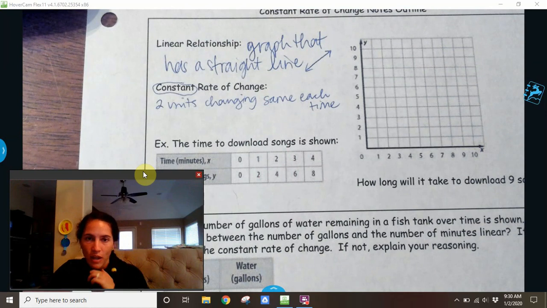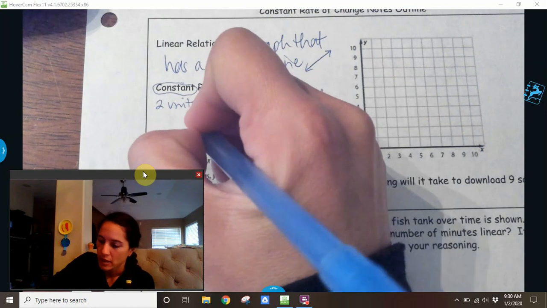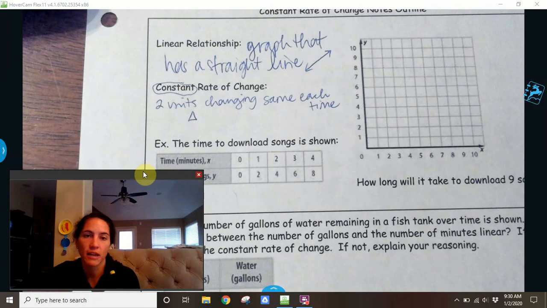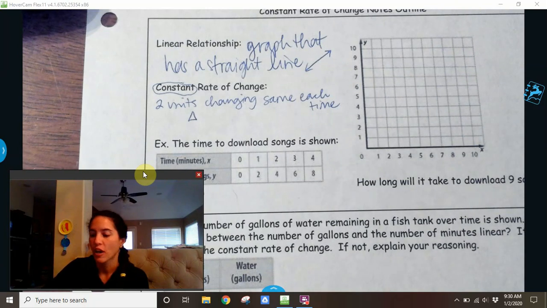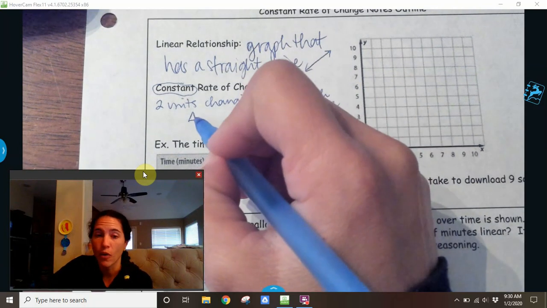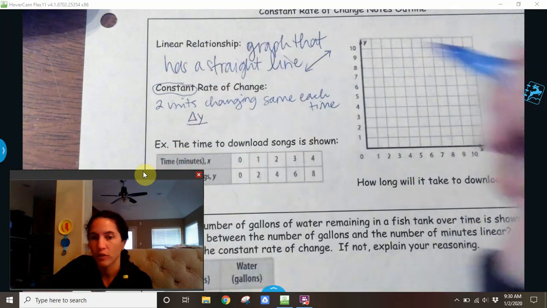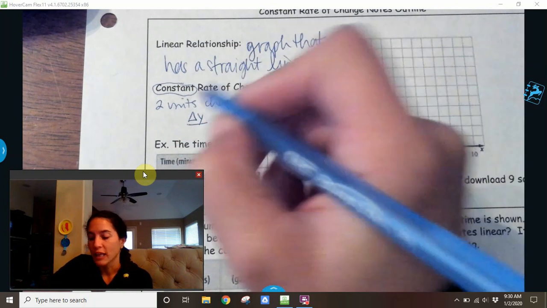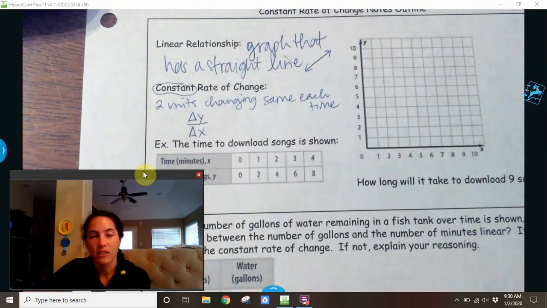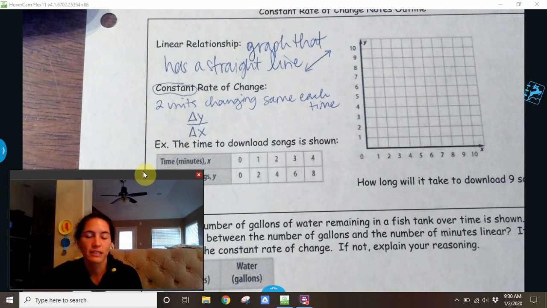I'm going to use the notation a delta, the letter delta, and it means change. Delta means change. So to find the rate of change, we have to know the change in the y value and look at that in comparison to the change in the x value. Change in y over change in x.